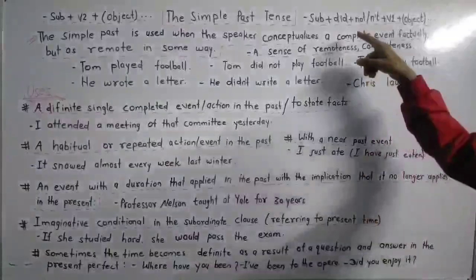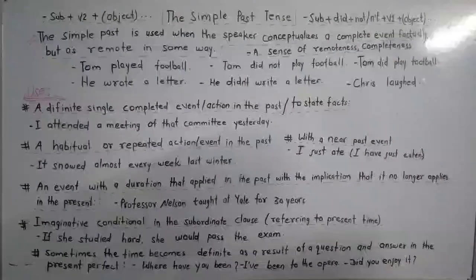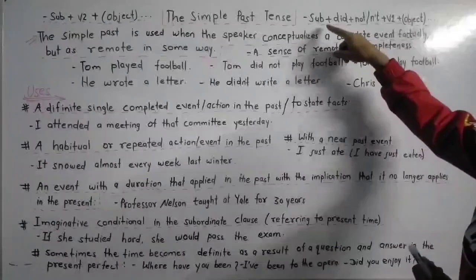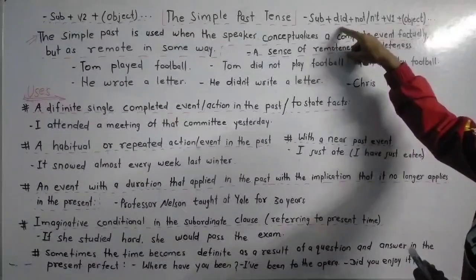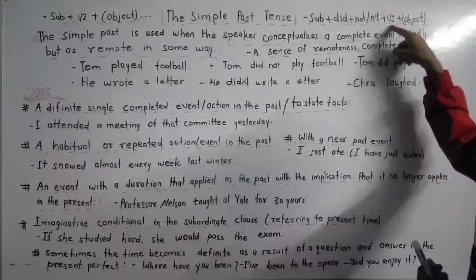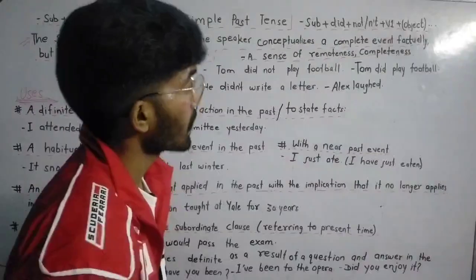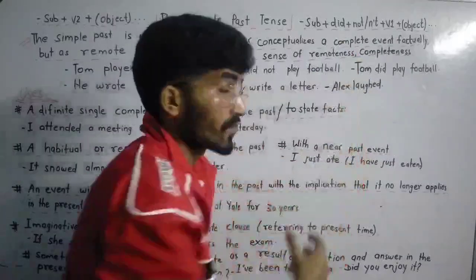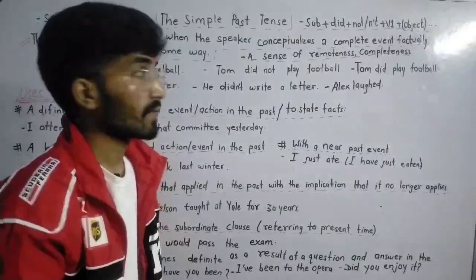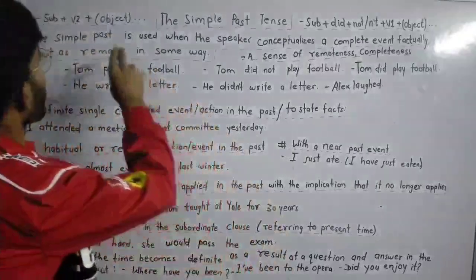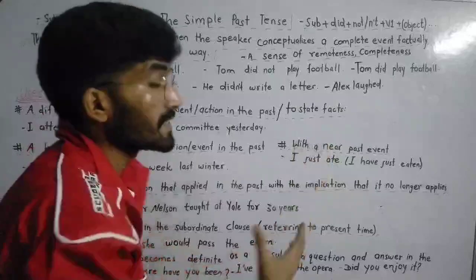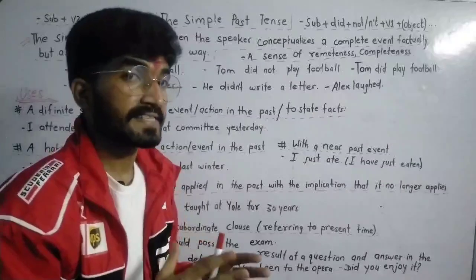And here you can see while changing sentences into negative, we can use subject plus did plus not or n't plus verb 1. We use did as a helping verb or an auxiliary verb while changing positive past simple sentences into negative past simple sentences.